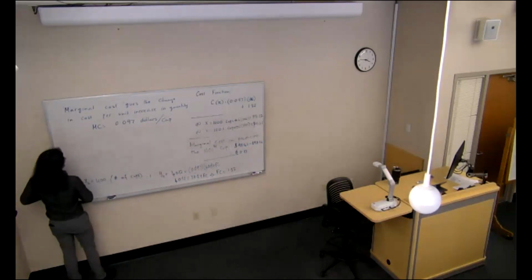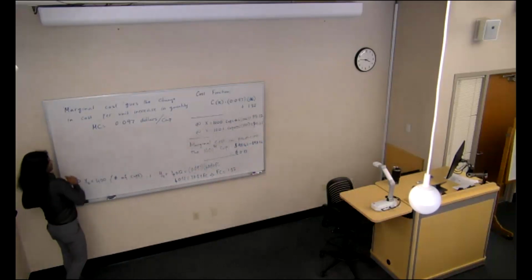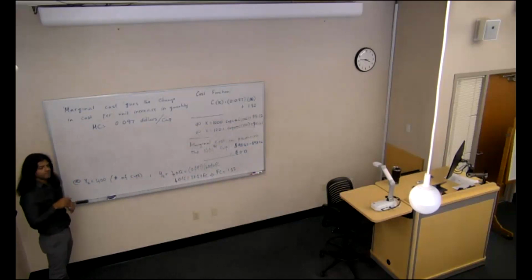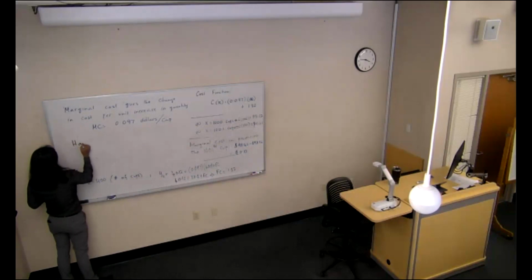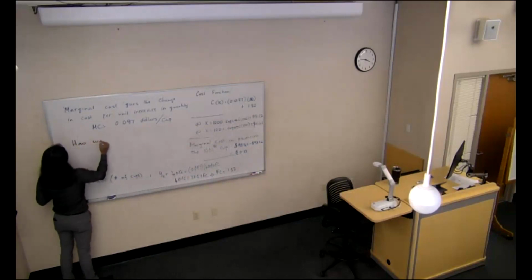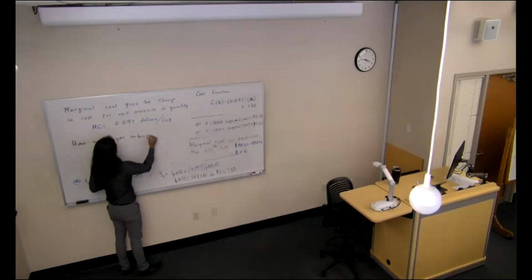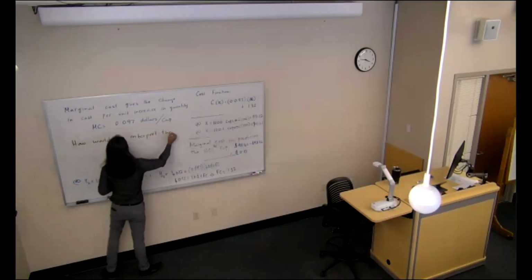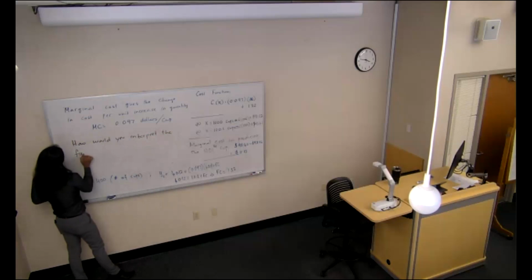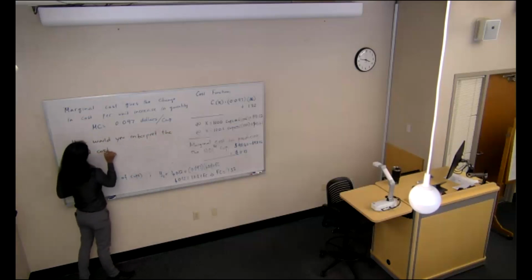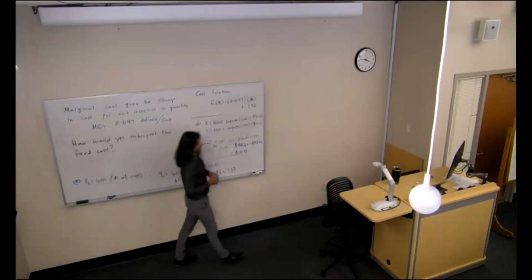You can give me the answer to this. We went over the explanation for marginal cost. So how would you interpret the fixed cost?